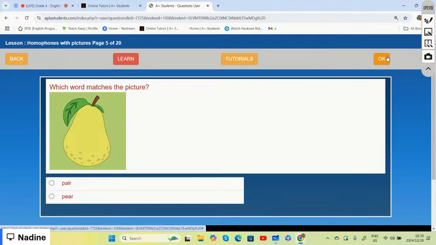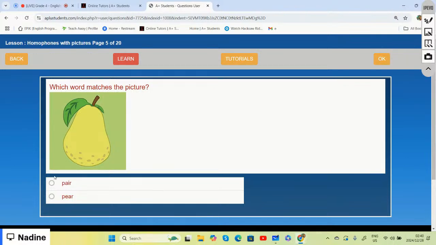So pear, which one is correct? And if we were to choose the correct word, then yes, we will choose pear.